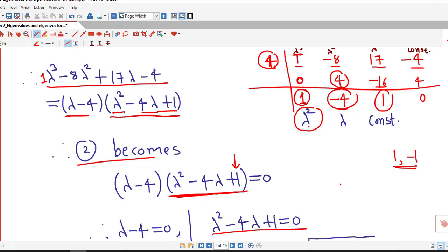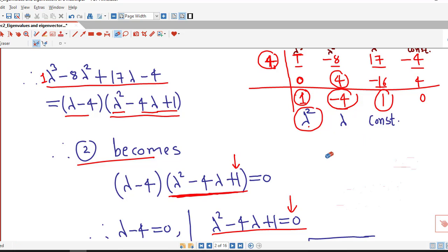So if we put lambda equal to 1, we obtain non-zero, and if we put lambda equal to minus 1, then also it is non-zero. So that means this equation has no integer solution. For quadratic equation, it is not necessary to apply this logic, but this is just to understand that remark.